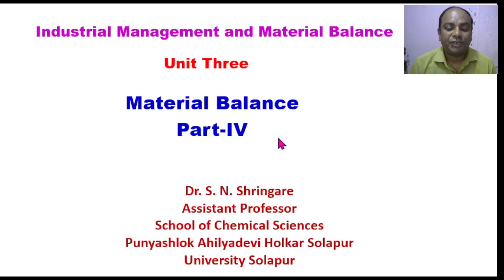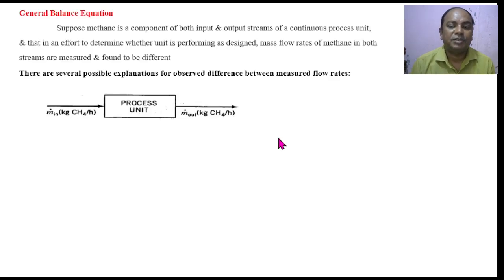But in certain situations, what could happen if the amount of output coming from the process unit is not equal to what is entering the process? Then we have to predict or determine what exactly has happened in the process unit.